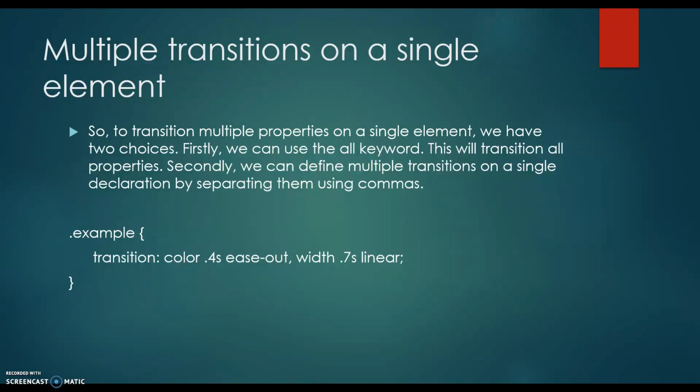You want the color taking 0.4 seconds to ease out. But then you also want the width to ease out, but you want it to take a little bit longer, 0.7 seconds, and it's linear, so it'll be an even width change.